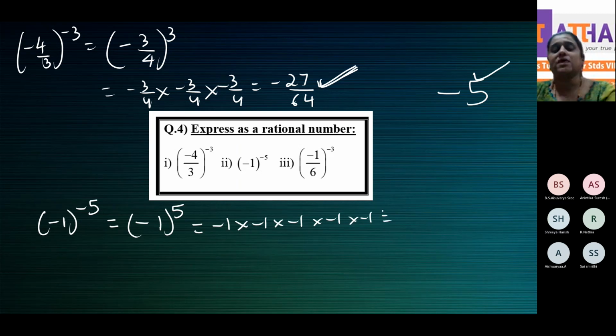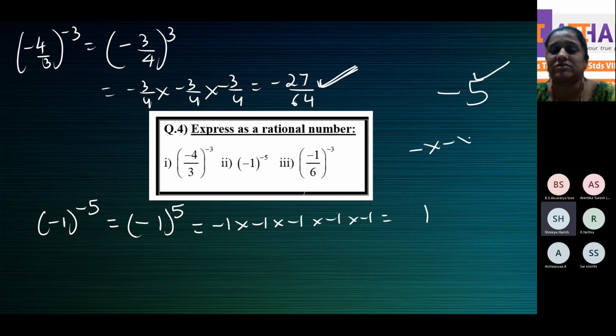Yes, correct. Minus 1 multiplied 5 times, ma'am. So what is 1 into 1? 1, ma'am. And 1 into 1? 1. And what is minus multiplied with itself 5 times?